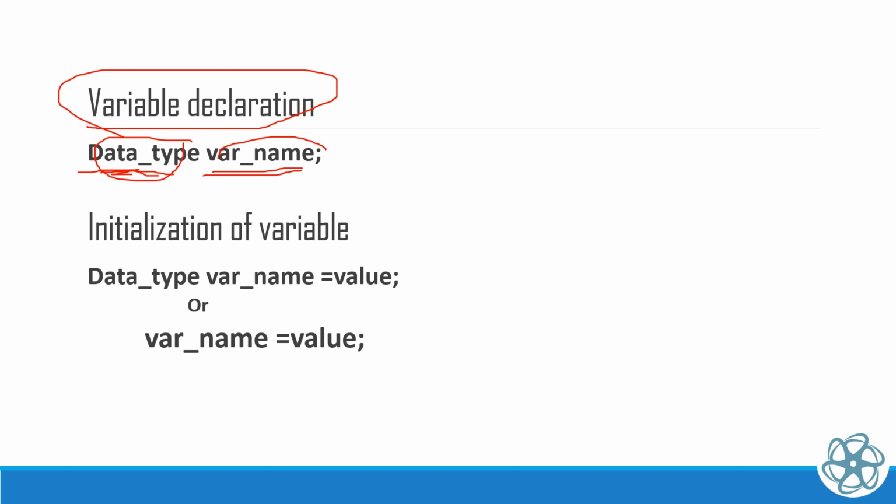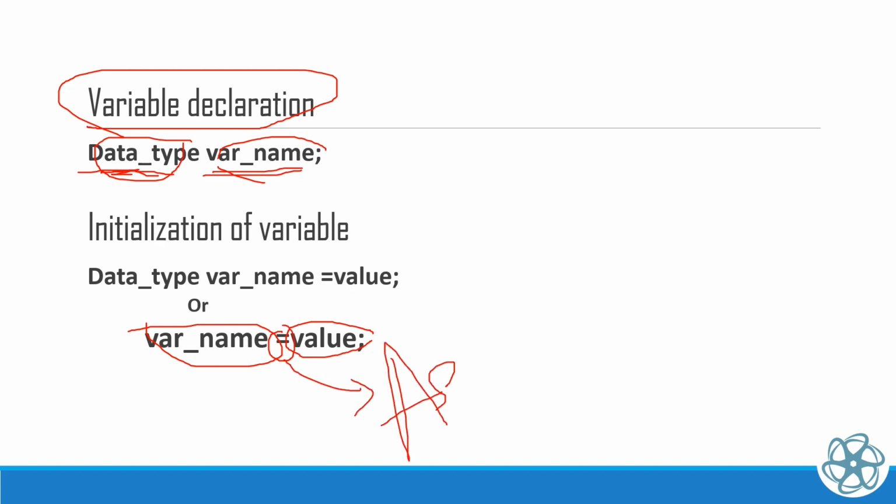After declaration of the variable, I can initialize its value, like variable name equal to some specific value. This equal to is called the assignment operator. About the operators we are going to learn in further classes.